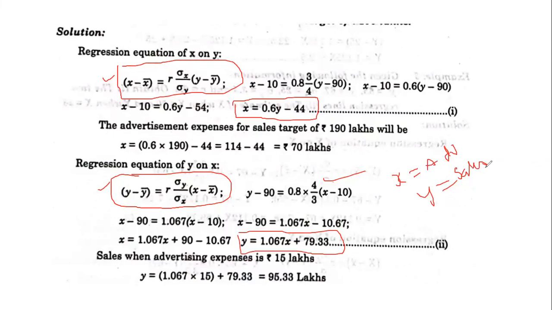In the second, y is substituted to find out x. Let us take the first one. Advertisement expenses is given as 15 lakh, to substitute in this y equation. That is this equation, and you will be getting 95.33. Similarly, when sales data is given, that also you can find out.